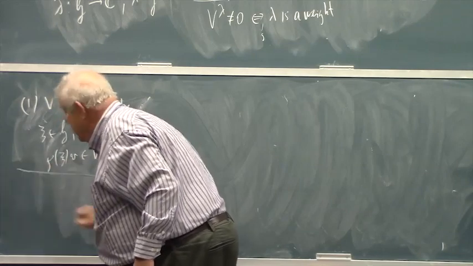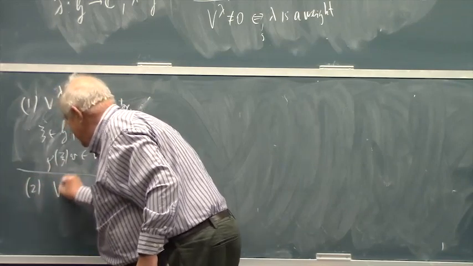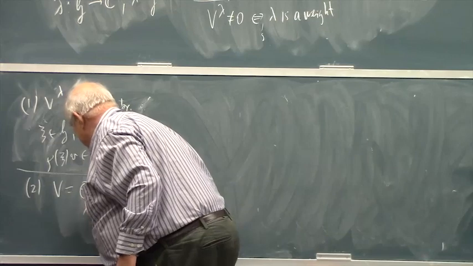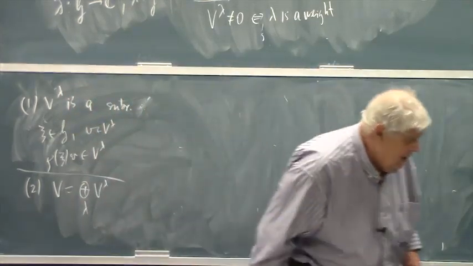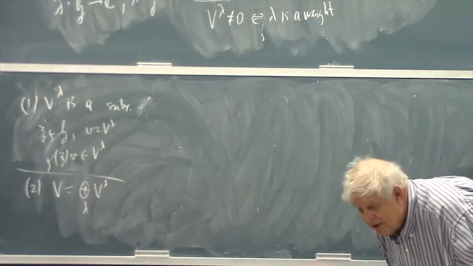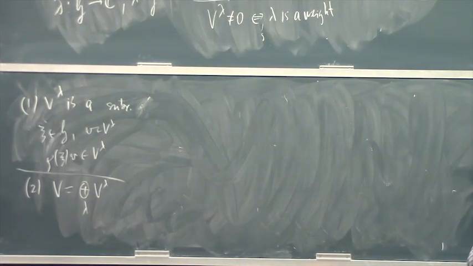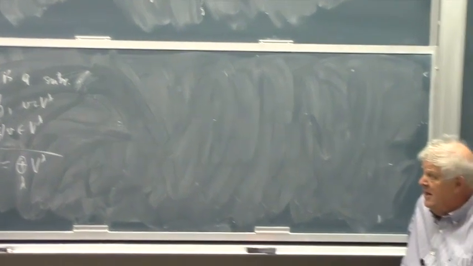This is 1. And the second thing is that actually V is the direct sum of all such subrepresentations. So this is also a decomposition of the representation into the sum of subrepresentations. Here, H is nilpotent.